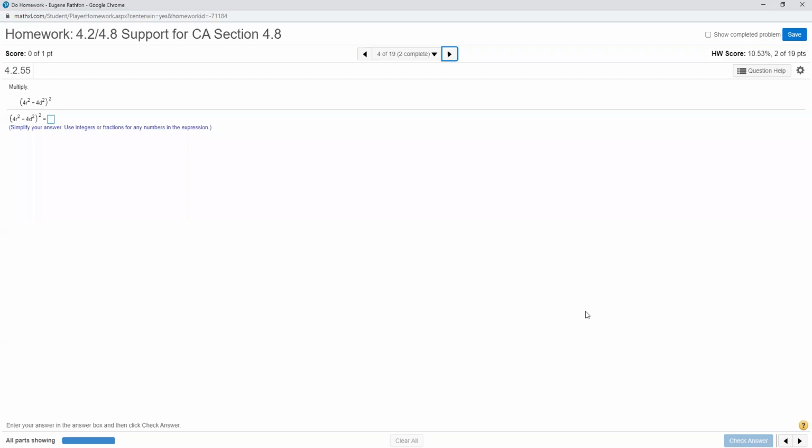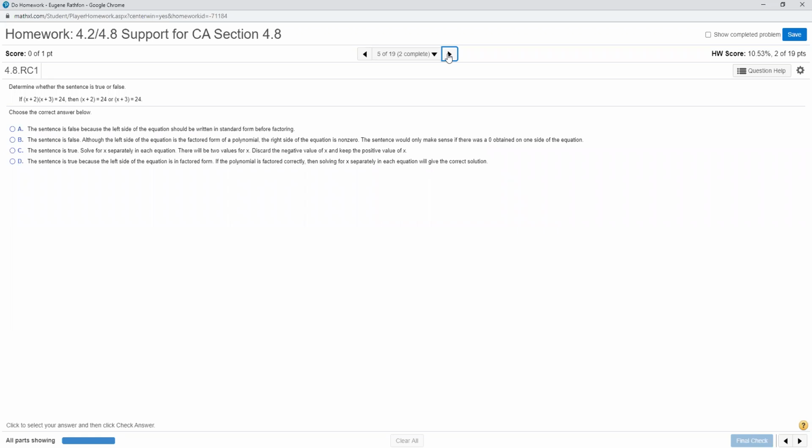All right, so next question. Oh, so this is just a true or false. So if x plus 2 times x plus 3 equals 24, then they're saying either x plus 2 equals 24 or x plus 3 equals 24. Well, y'all remember, anytime you got a quadratic equation, you got to get everything set up equal to 0.